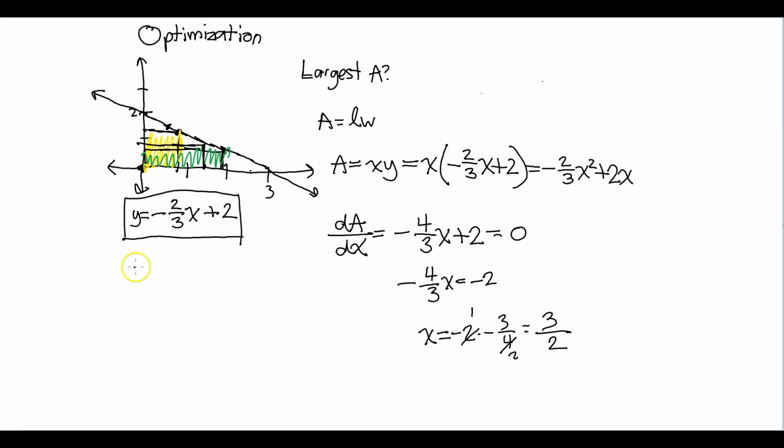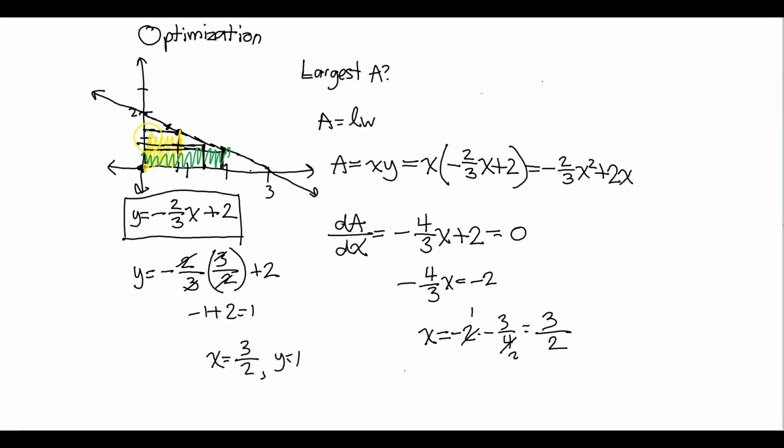So if we were to find our y, negative 2/3 times 3/2 plus 2, this all cancels out to negative 1 plus 2 is 1. So we have x equals 3/2 and y equals 1.